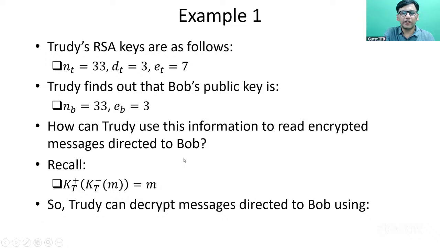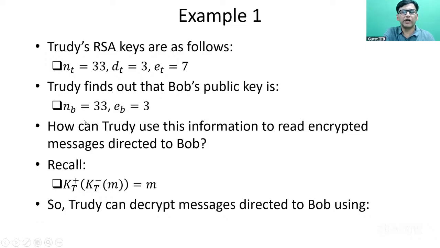So we use this fact here, and Trudy can decrypt messages directed to Bob using this fact, because consider a message that is encrypted with Bob's public key, that is 33 comma 3. We have noted that this public key is the same as Trudy's private key, 33 comma 3.